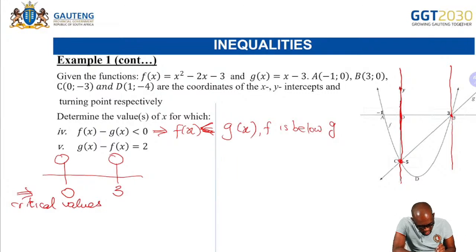So let's check now. The first thing that we do, we check on the left. So from left to right, you can see that this is f, this is g.